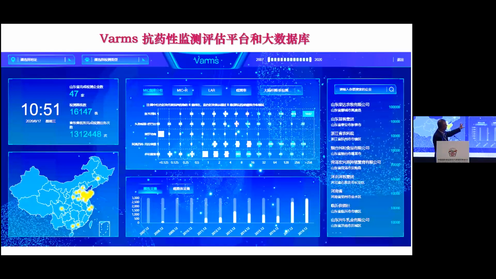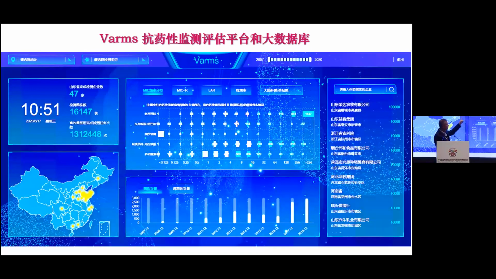If you look at VAMs, we have this database. This database is easy to use. You could choose different regions and different animals at different time points, and you could choose different pathogens. And you can have the queries with different parameters.